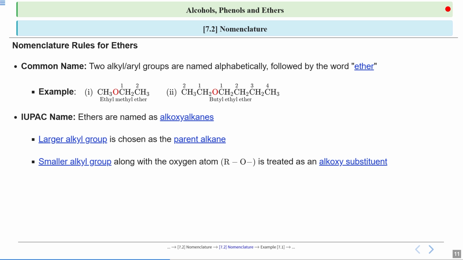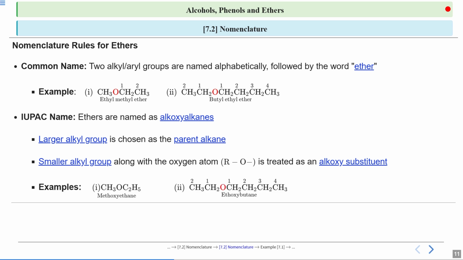So alkoxy is for the alkyl group containing fewer carbons compared to the other alkyl group, together with one oxygen. We treat them together and call it an alkoxy substituent, and the parent alkane will be the alkane containing more carbon atoms. For example, the first is methoxyethane. C2H5 contains 2 carbons, CH3 contains 1 carbon.